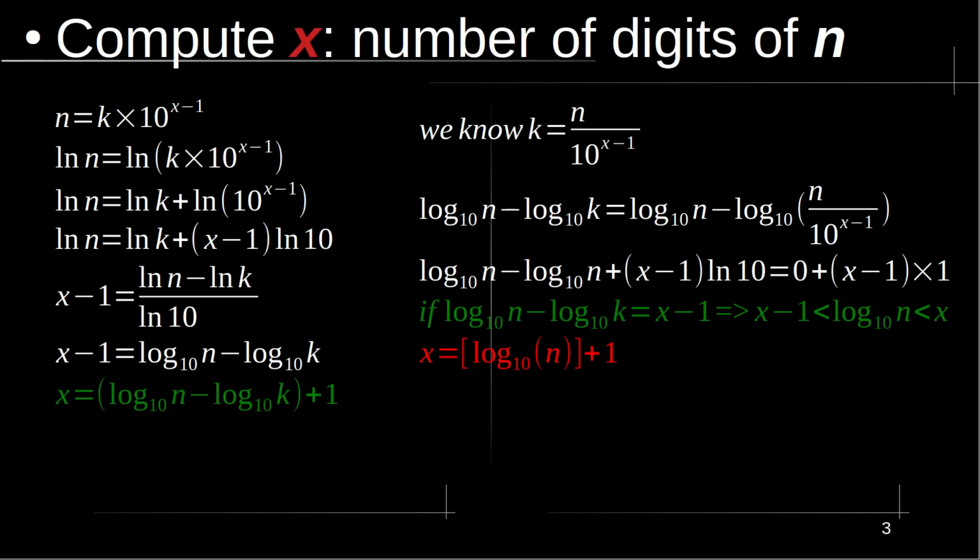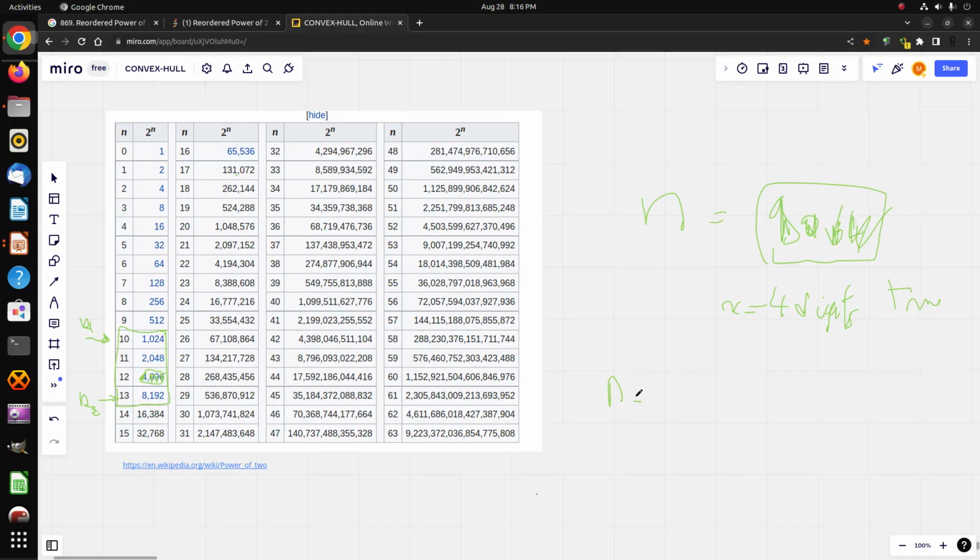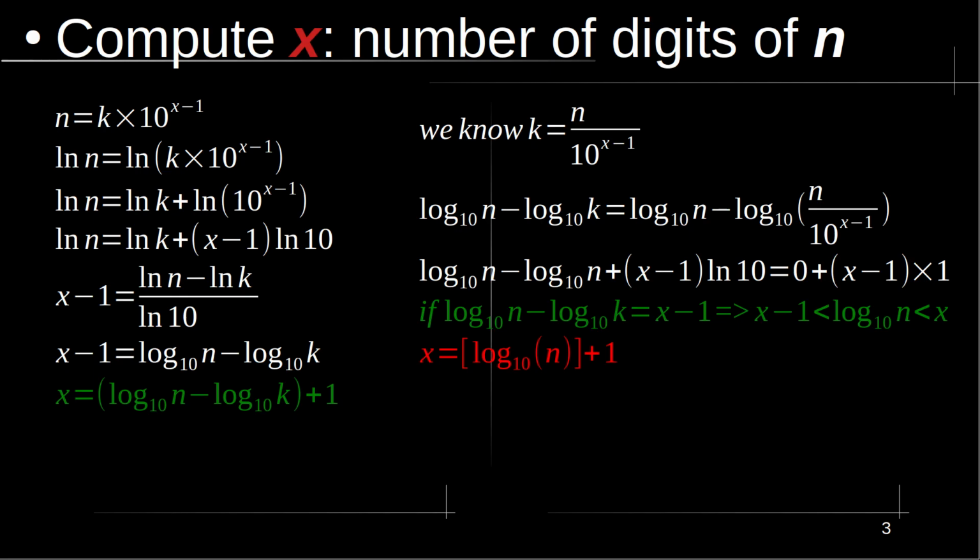How to compute x, which is the number of digits of n? Our number n here, for this example, we can write it this way: 9.046 times 10 power 3. Any number n, we can write it as k times 10 power x minus 1, where x is the number of digits of n.